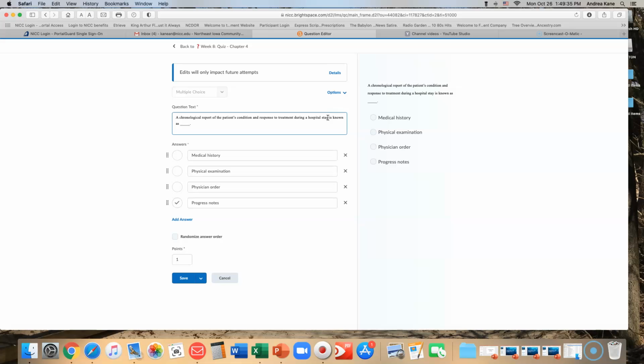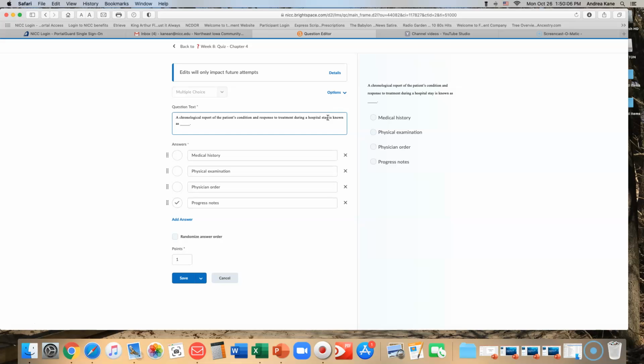All right, a physician order. Is a physician order a chronological report of the patient's condition and response to treatment during a hospital stay? No, no, no, no. If you go further down, it talks about orders, that they are for tests or treatments that either prevent or address illness by way of medication administration, surgery, or counseling, X-rays, CT, MRI, lab tests, or more for the purpose of diagnosing a patient's symptoms of diseases or symptoms of illness.